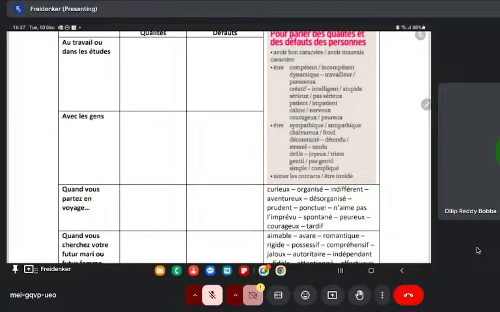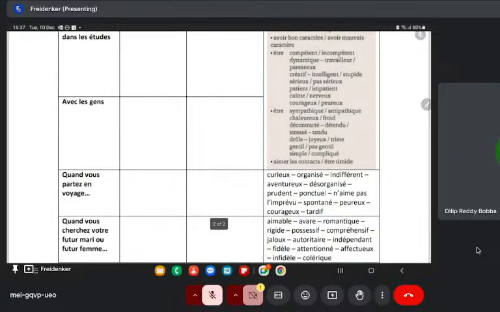Courageux is courageous. Peureux is to be afraid. So être peureux is to be afraid. So courageous, afraid. And sympathique is to be sympathetic. Antipathique, I think, is the opposite. Let me verify what antipathique is.